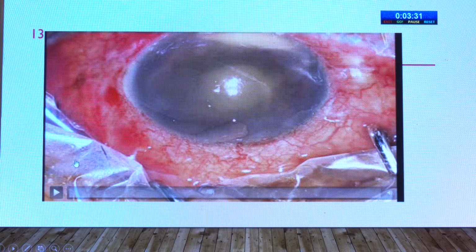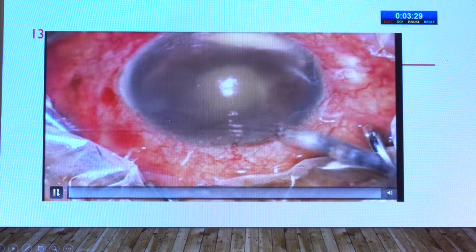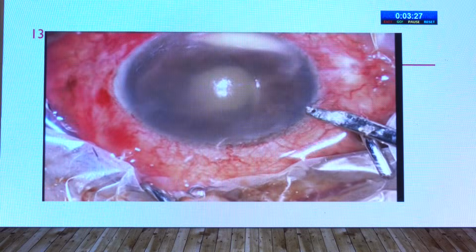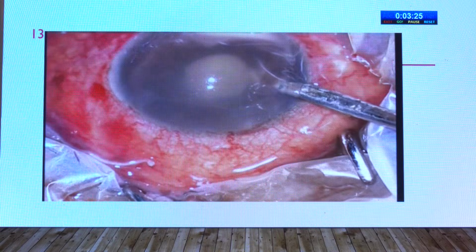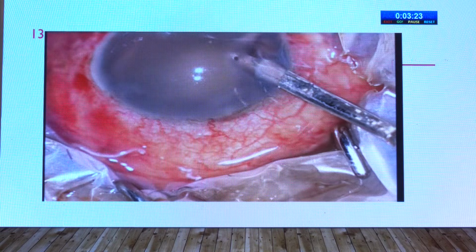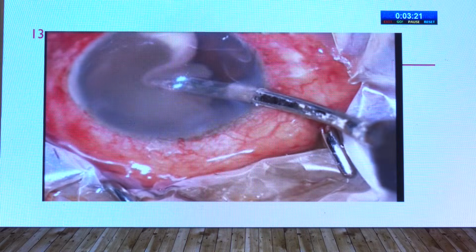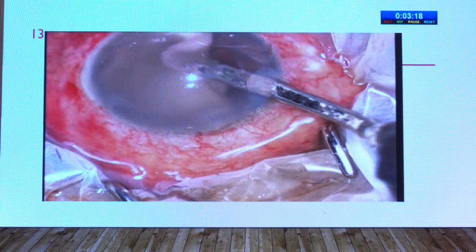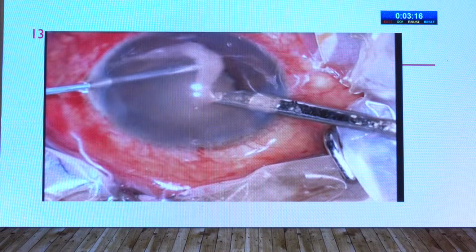Here is a small video. In most endophthalmitis cases, patients have fibrin in the AC or exudates. So the first important thing is to remove the exudates from the anterior chamber.